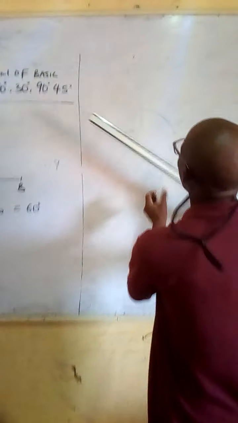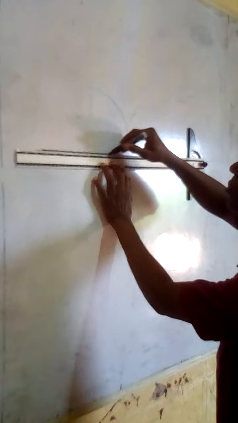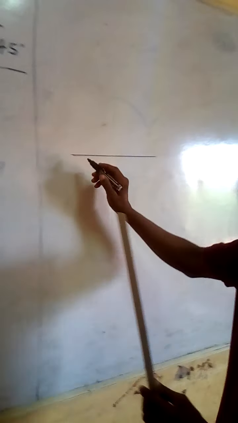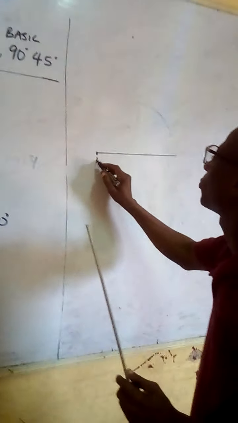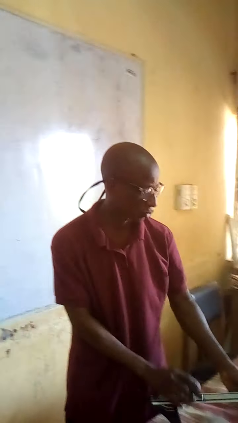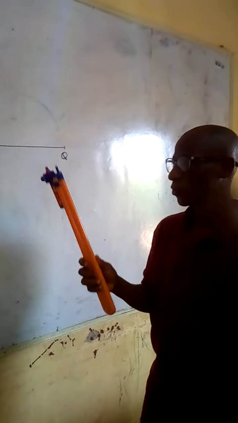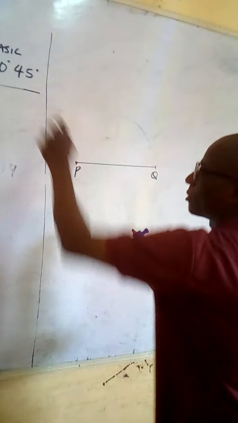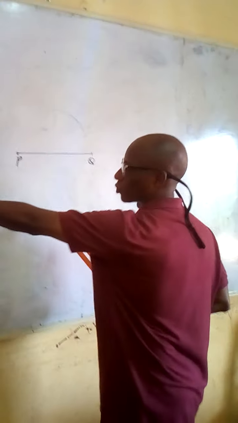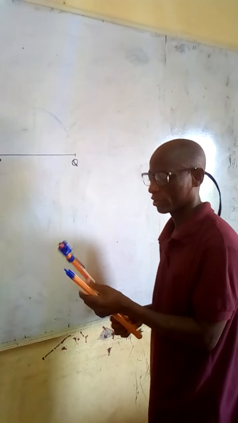Like I said, I have my line segment drawn. This time around, I call this P and I call this Q. I'm trying to construct angle 30 degrees at point P. Just a while ago I mentioned you cannot get 30 degrees directly. So we will construct angle 60, bisect angle 60 and get our 30.